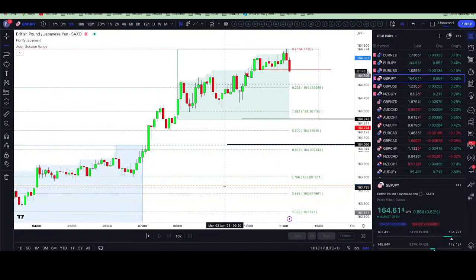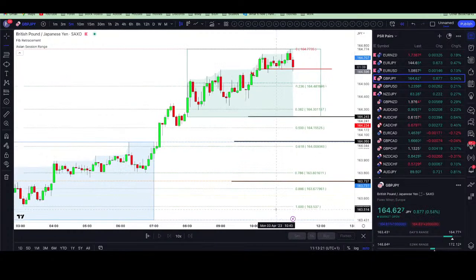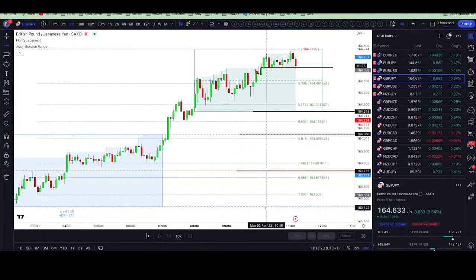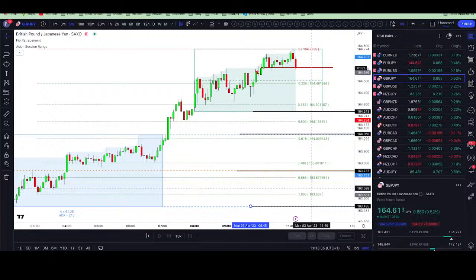TP2 here, and we've got a TP3 here, TP4 here. So we've got TP1 London low, Asian high TP2, Asian mid-range TP3, and TP4 will be the London low if price action is going to go there.